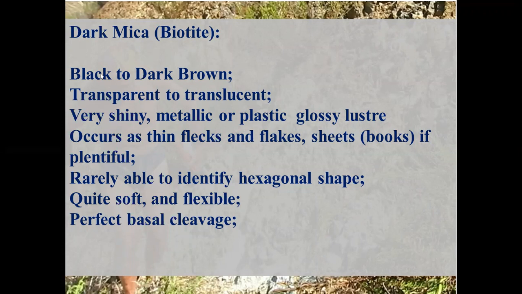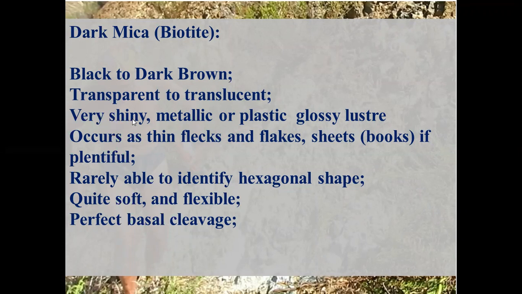But anyway, it is black to dark brown, transparent in thin flakes. It's transparent, not so easy to see in the black, but with the dark brown you can sometimes see it is transparent. It is translucent if it's not transparent, but it's very shiny.